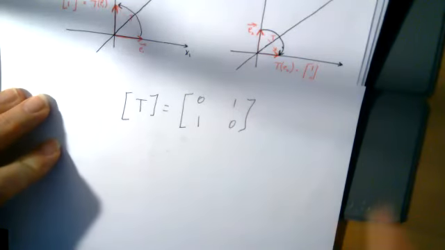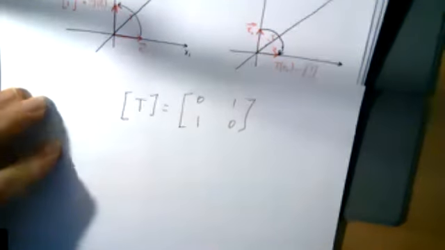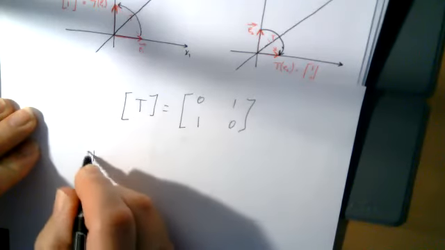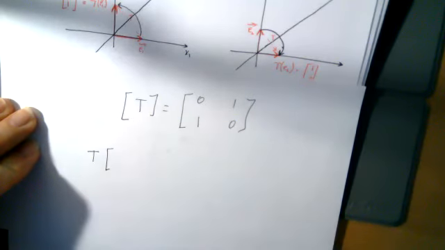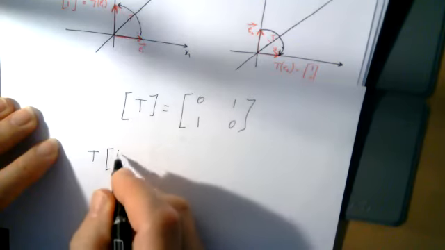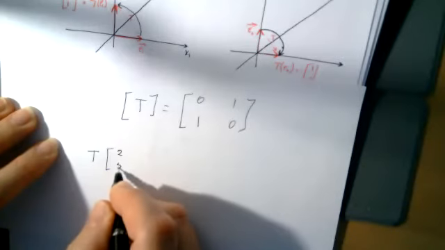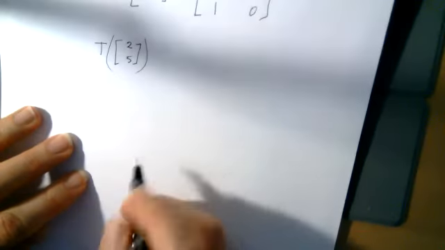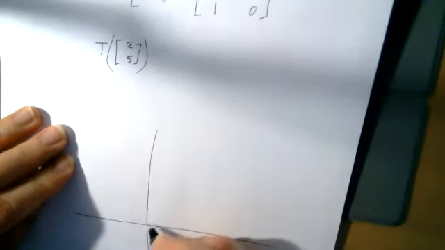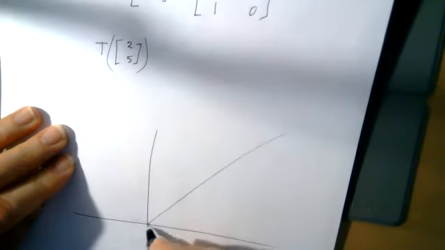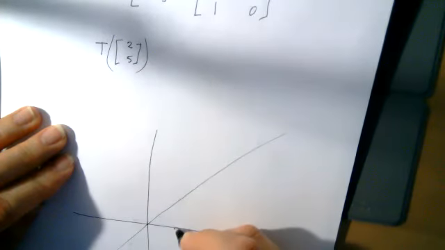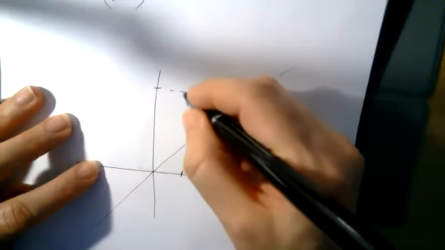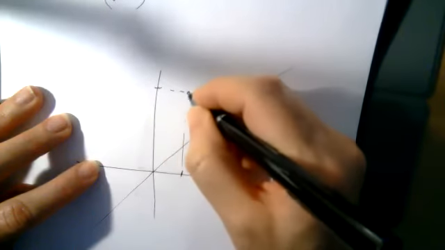What's the benefit? Now we know how to find it. The benefit is that if I tell you to find T of 2, 5, it means I take the vector 2, 5, and this is my vector right here.